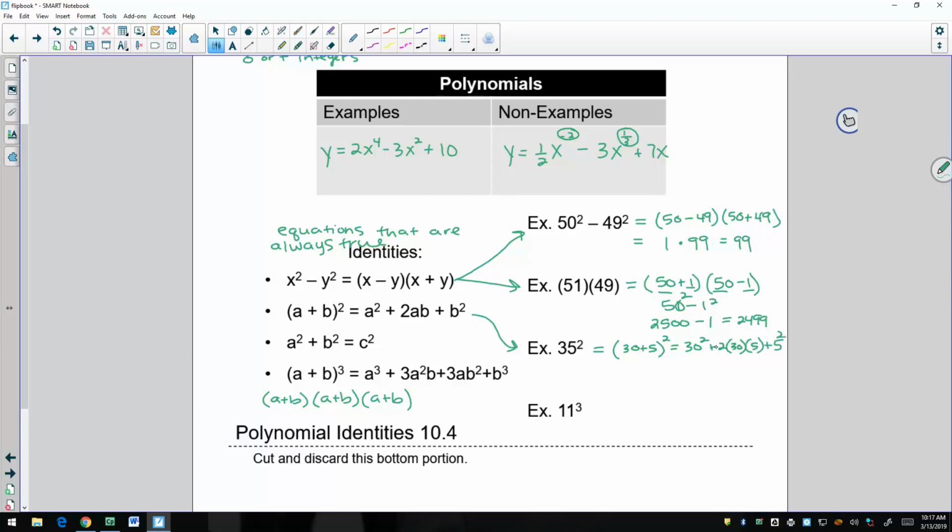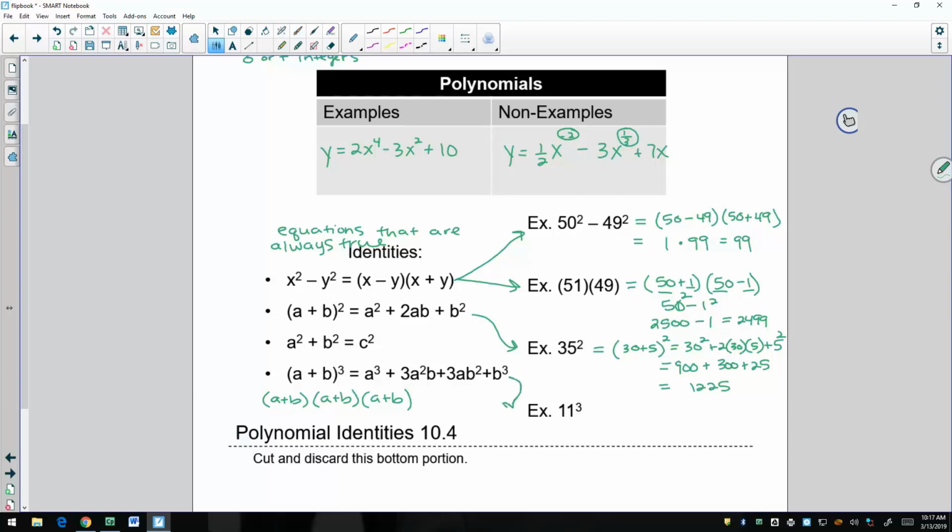You should be able to do all this in your head. 30 squared is the same as just 3 squared, but with 2 zeros. So that's 900. 2 times 5 is 10, times 30 is 300, and then 5 squared is 25. Add all of those up in your head. It's 1225.